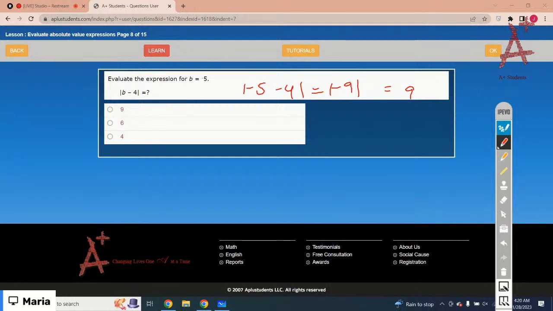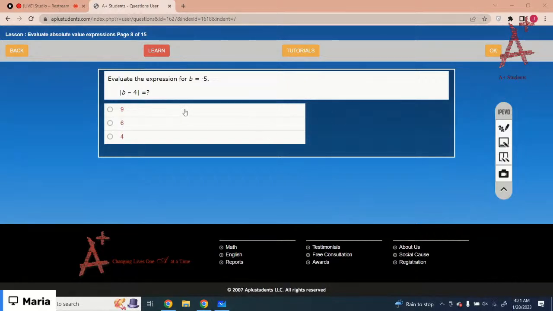So the correct option is 9. So just select the correct option, then click on the OK button.